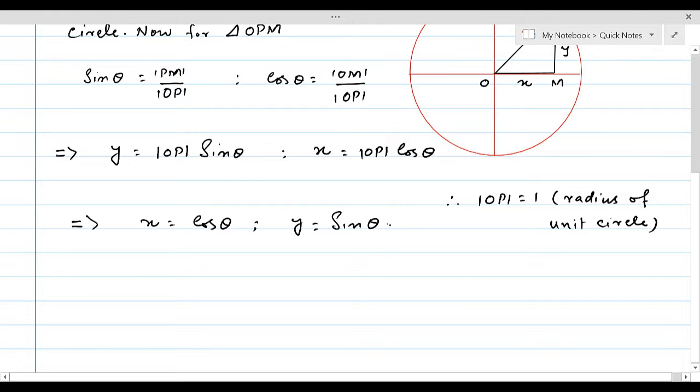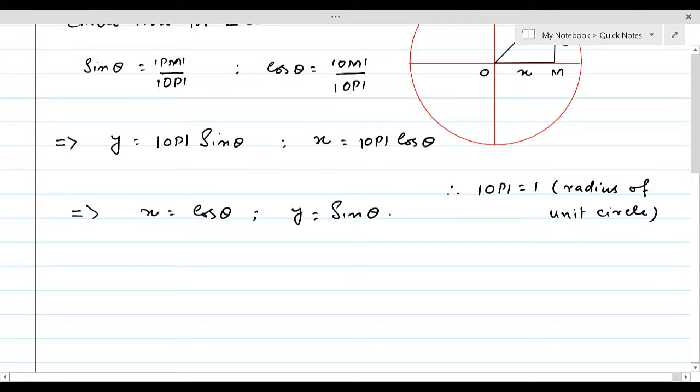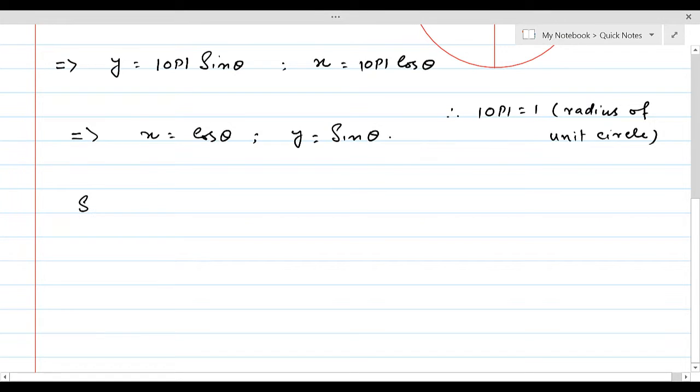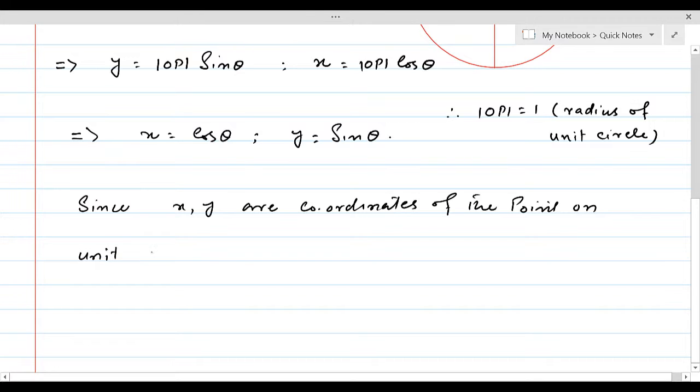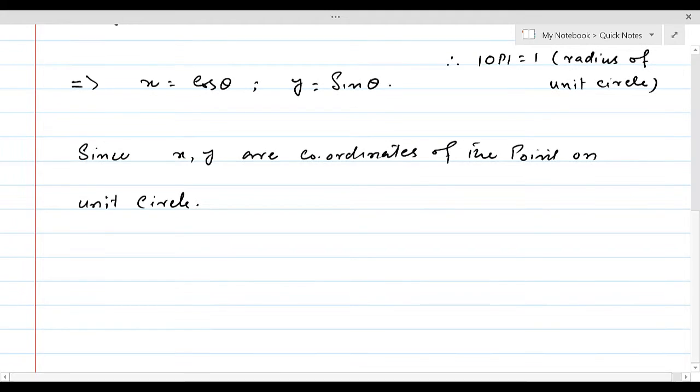Since x, y are coordinates of the point on the unit circle, for every theta belonging to R, there is one and only one point.